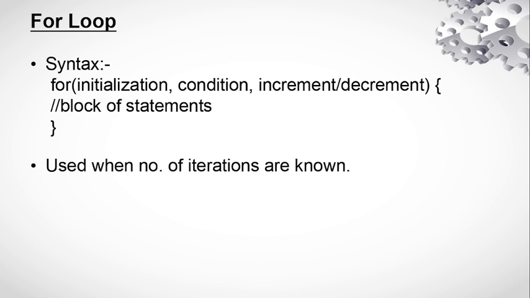In a for loop we have a syntax which is divided into four parts. These four parts are: the first one is initialization, the second one is condition, the third one is increment or decrement, and the fourth one is the block of statements. In the initialization part we just initialize a variable. After that we give a condition to test whether to execute these statements or not.